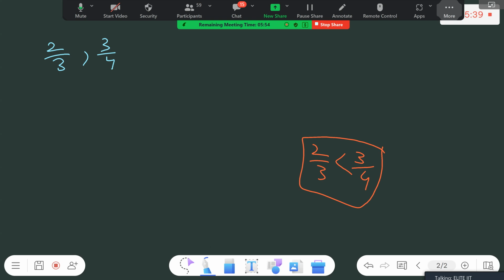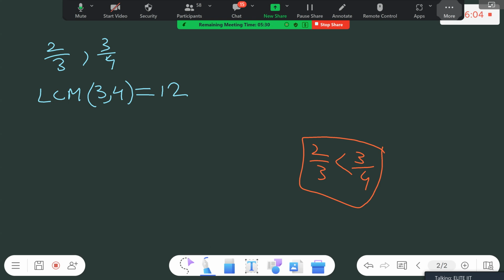What are like fractions? Those with the same denominators. Here, what are the denominators? They are different, isn't it? So let us take the LCM of the denominators 3 and 4. 3 and 4 are co-prime.